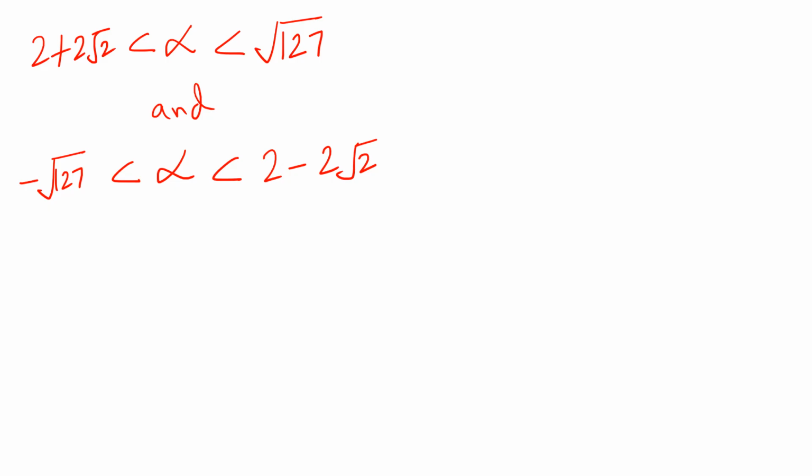So clearly for the first interval, the permissible integral values of α are 5, 6, 7, 8, 9, 10 and 11.